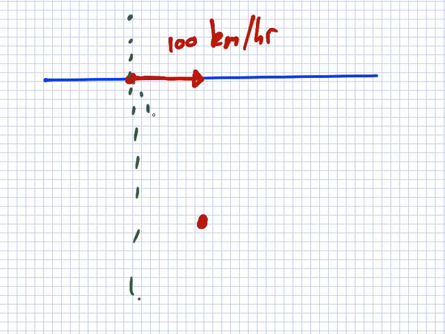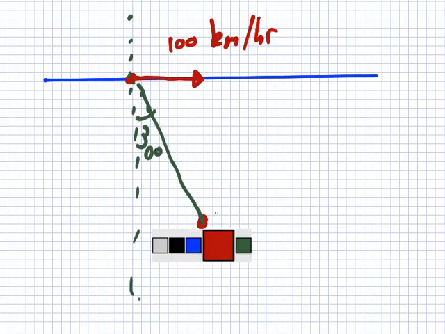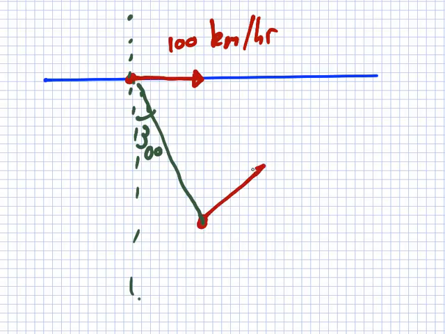And we'll make the angle here 30 degrees. To make it clear, I'm asking you, what angle does this fly at? So I'll call the angle here alpha. I want it so that the two of them will meet later, and we'll make the speed 100 kilometers per hour as well.